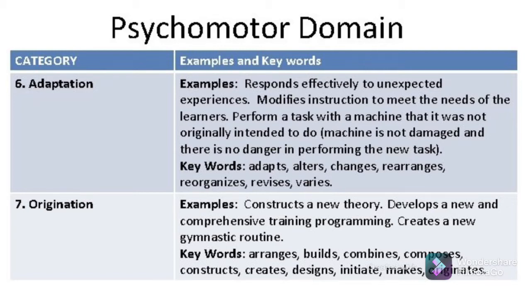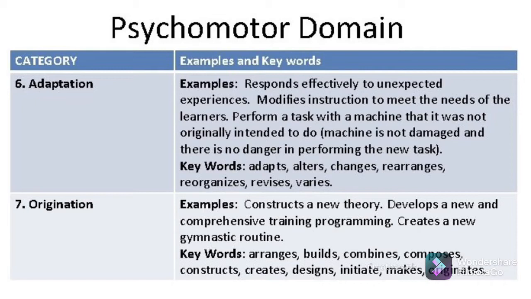Perform a task with a machine that it was not originally intended to do. Because you are already adapted in the use of the machine, you can look at another machine to be used for the same function, or you can operate that machine which was taught to you by the instructor in a simpler process or steps.